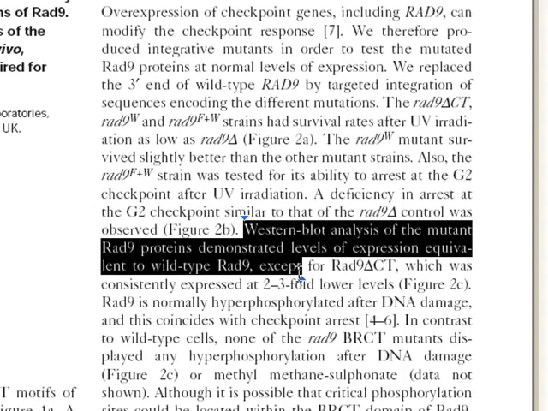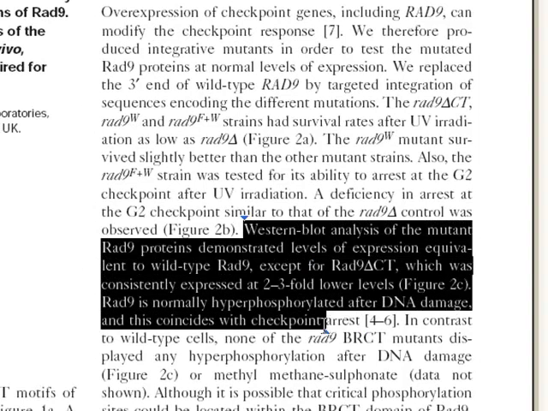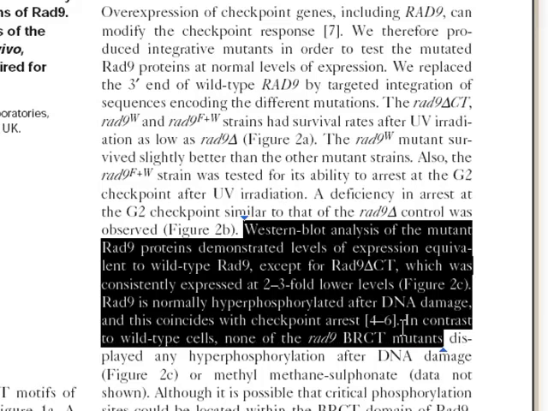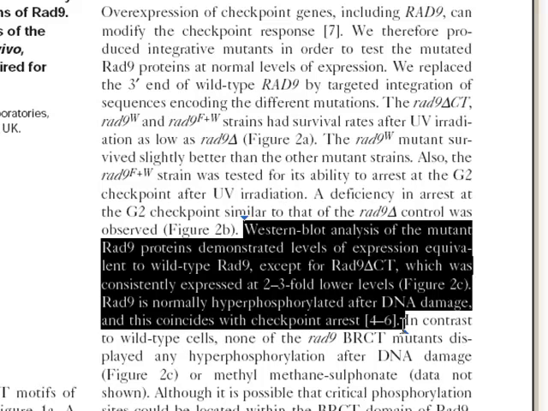We then read, "Western blot analysis of the mutant Rad9 proteins demonstrated levels of expression equivalent to wild-type Rad9, except for Rad9 delta CT, which was consistently expressed at 2 to 3-fold lower levels, Figure 2c. Rad9 is normally hyperphosphorylated after DNA damage, and this coincides with checkpoint arrest.